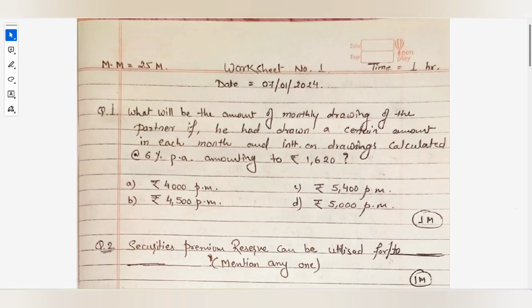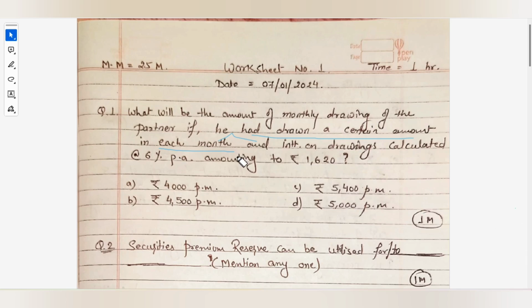As you can see, the first question is: what will be the amount of monthly drawing of the partner if he had drawn a certain amount in each month? In this question, it is clearly given that the partner had drawn in every month, but it is not stated whether he had drawn in the beginning, middle, or end.